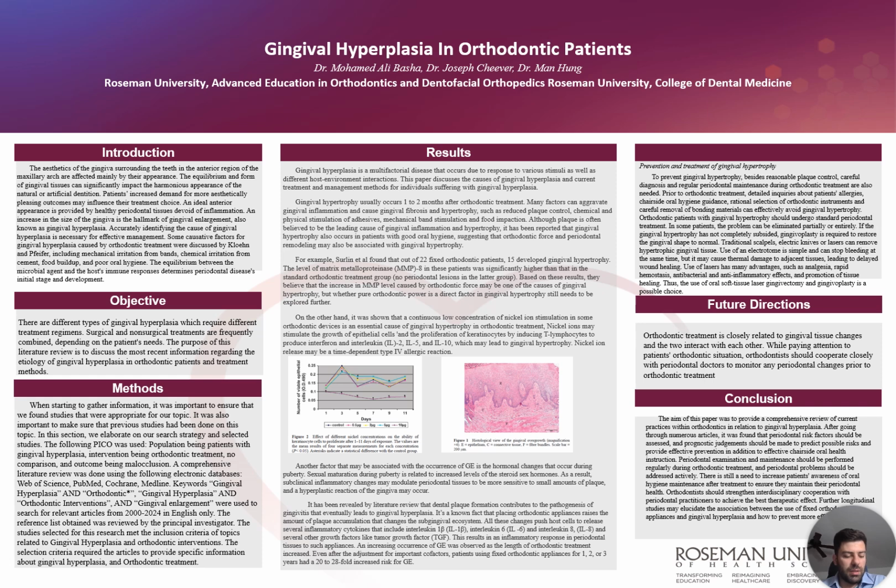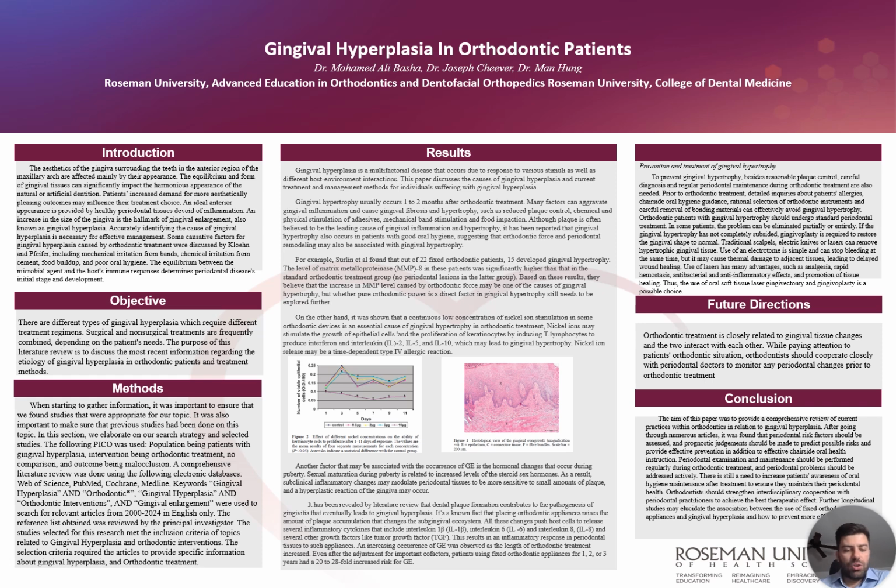The studies selected for this research met the inclusion criteria of a topic related to gingival hyperplasia and orthodontic interventions. The selection criteria required the articles to provide specific information about gingival hyperplasia and orthodontic treatment.